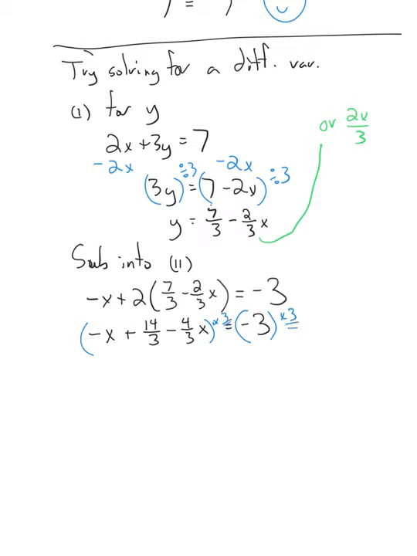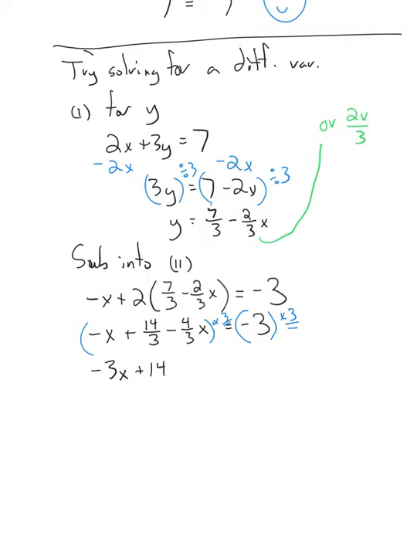So negative x times 3 is negative 3x. 14/3 times 3 is 14. We can think of 3 as 3 over 1, and just multiplying fractions, your 3's will cancel. Of course, that's why I multiplied by 3.